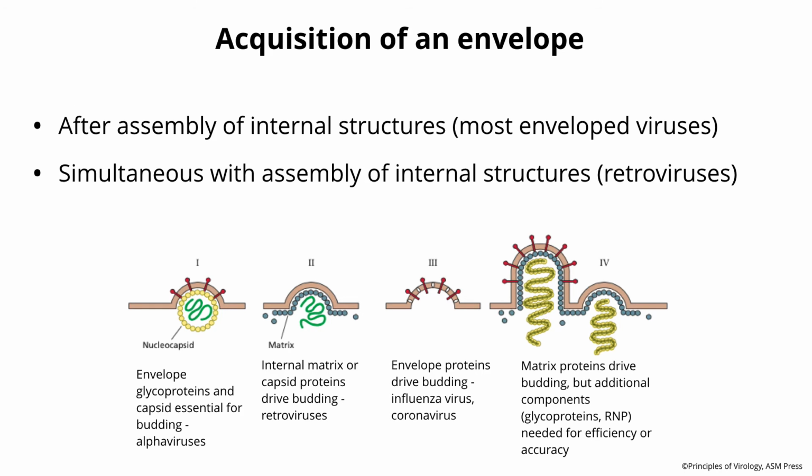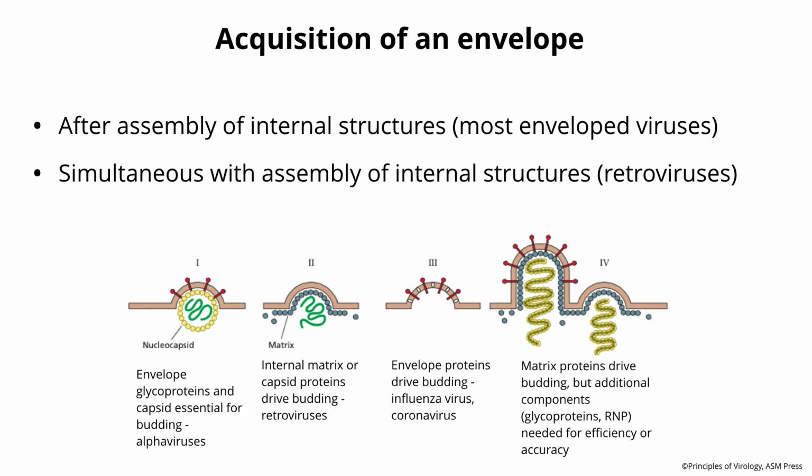Example 3, the envelope proteins alone are enough to drive budding. Now you may be saying, why do I care if the envelope proteins are enough? Well, it turns out that we can make vaccines by just producing the HA of influenza virus in certain cells. You can do this in plants, as we'll see. You can make flu HA in plant cells, and it will make particles, and those vaccines are currently being tested.